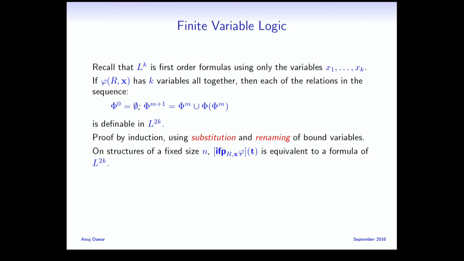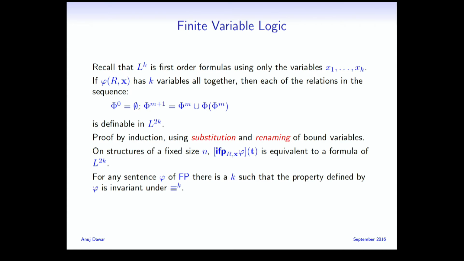For any fixed size, you can translate it into a first order formula, and the number of variables doesn't depend upon the size, which means, put another way, for any property of fixed point logic, we can find a k so that the formula is invariant under k equivalence. Another way of saying it is you can actually turn this formula into a theory in LK, an infinite collection of LK sentences.